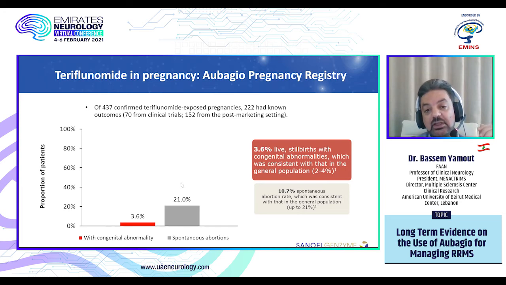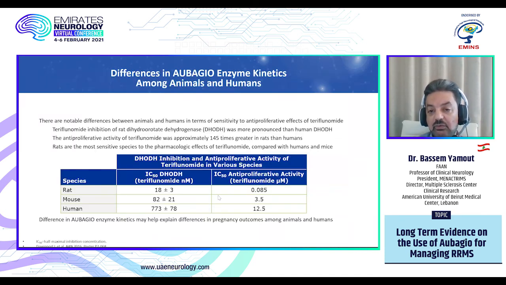So again, we are seeing that in humans, we are not really translating the teratogenicity that we've seen in rats and mice. Why is that? The reason is the following. The dihydroorotate dehydrogenase enzyme, which is the main enzyme that is affected by teriflunomide, is more sensitive to the drug in mice and rats than in humans.